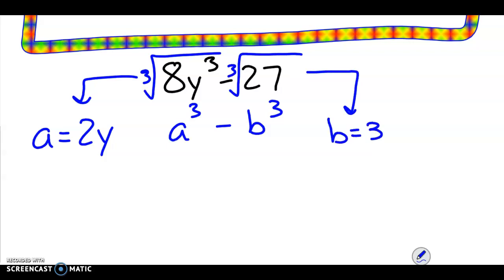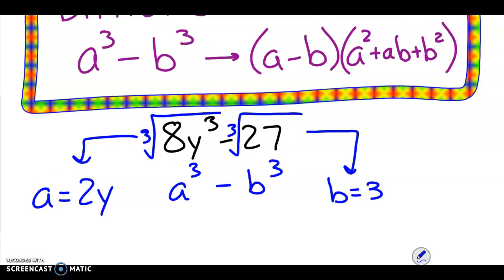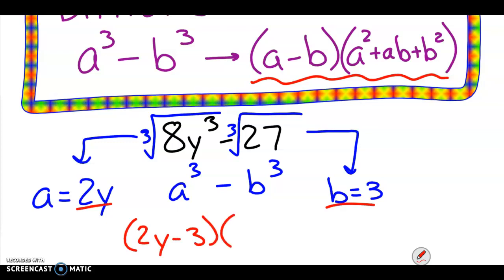So now you're just following that shortcut right there. So you've got your a minus b, so 2y minus 3, times a squared, so 2y squared. A mistake some people are going to make is they're just going to say 2y squared. You have to square the whole thing.